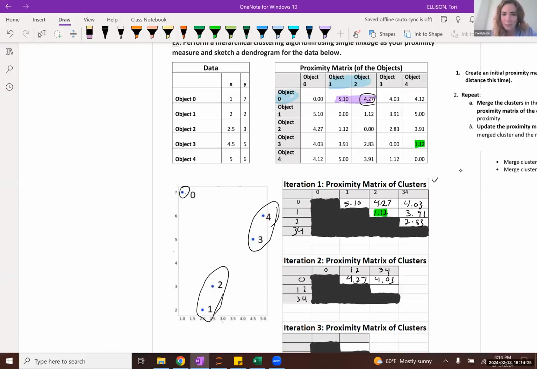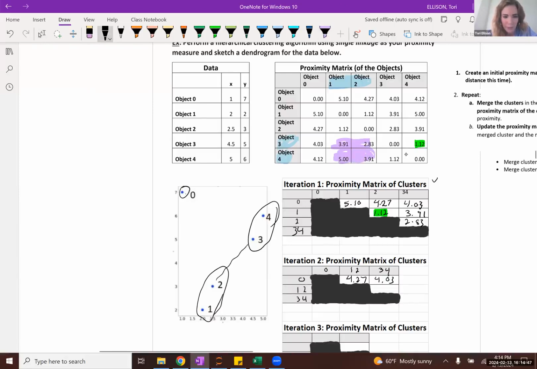And to find the distance between cluster 1, 2 and cluster 3, 4, we would find the distance between the two closest points in these two clusters here.